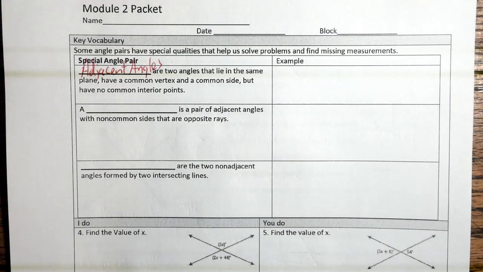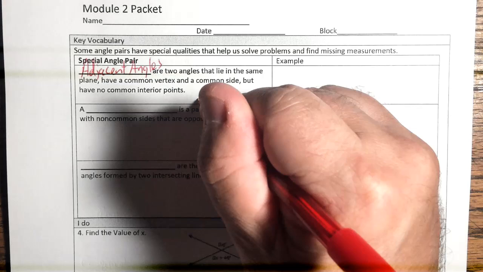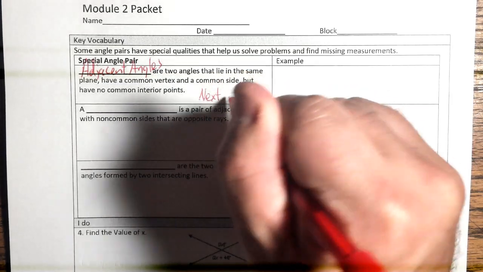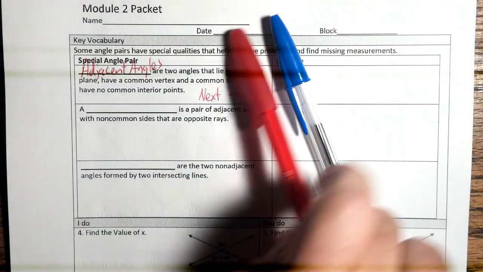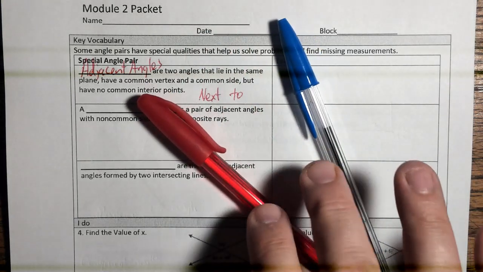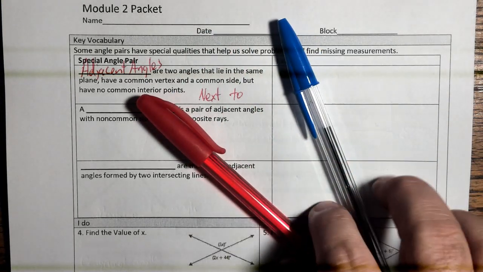Adjacent angles are two angles that lie in the same plane, have a common vertex and a common side, but no common interior points. So adjacent, another word would be like next to. Adjacent, like these two pins are adjacent, they're next to each other.